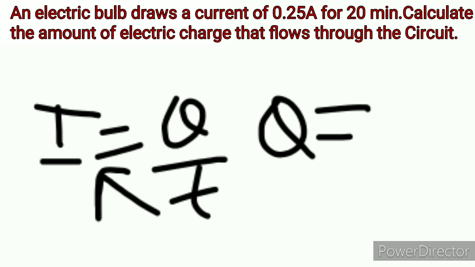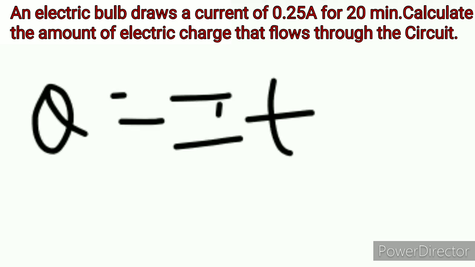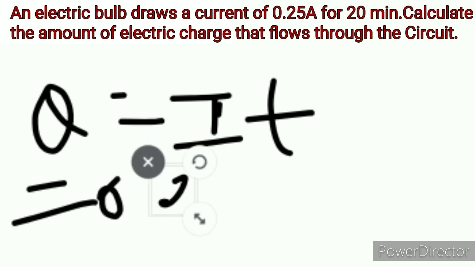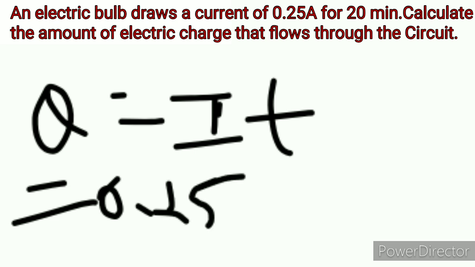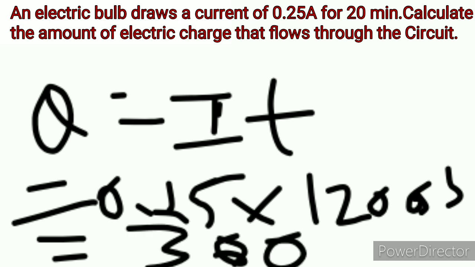Putting the values in Q equals I T, I is 0.25 multiplied by time 1200 seconds, which equals 300 coulomb. So 300 coulomb is the correct answer.